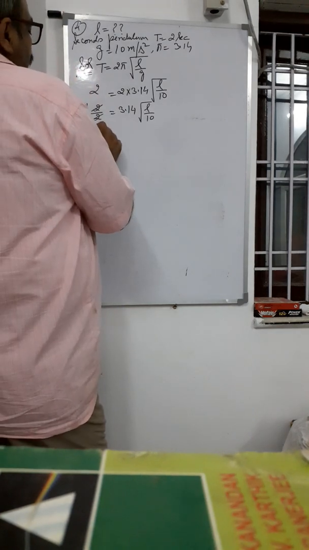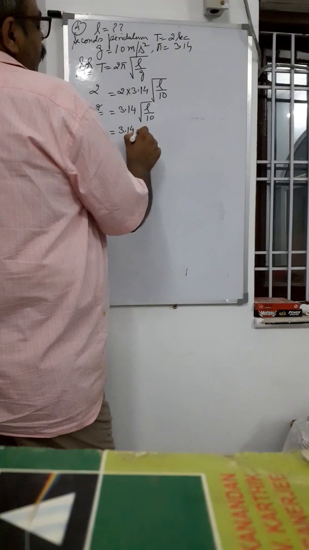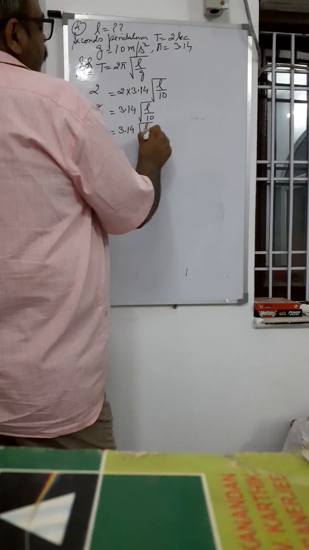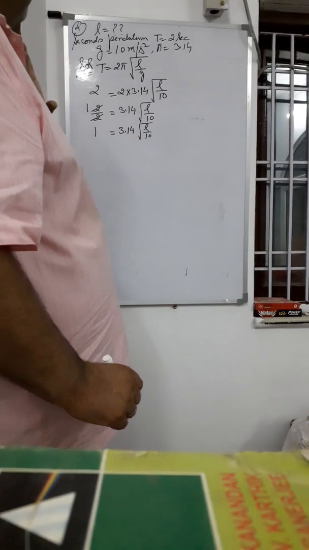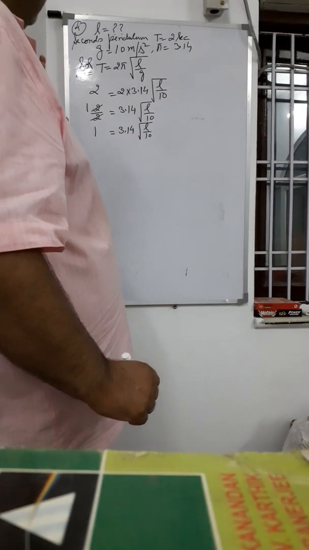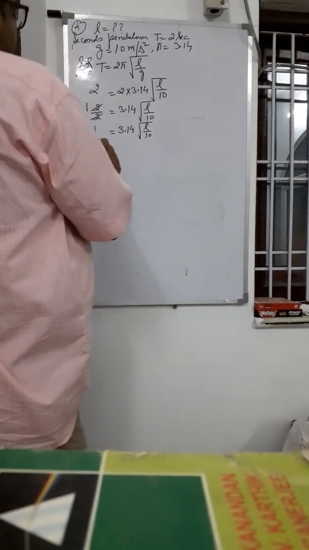So 1 is equals to 3.14 under root L upon 10. Here you see this under root we don't require.